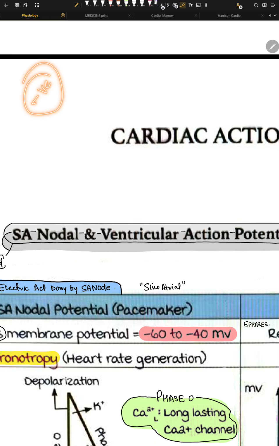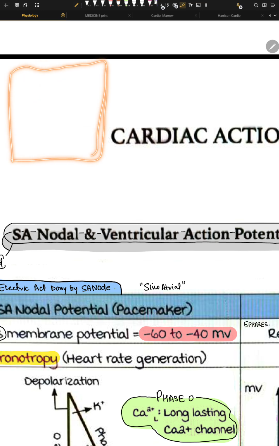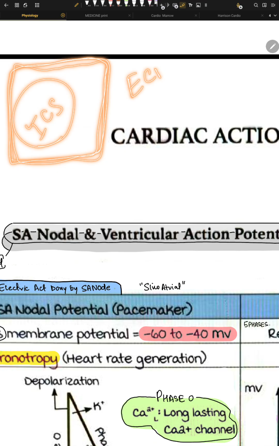Usually cells have intracellular space and extracellular space. We call it intracellular fluid and extracellular fluid, right? So internally cells do not have these amazingly charged things.